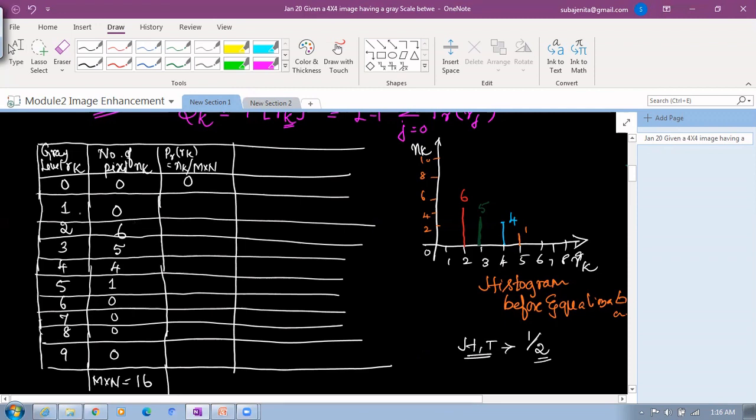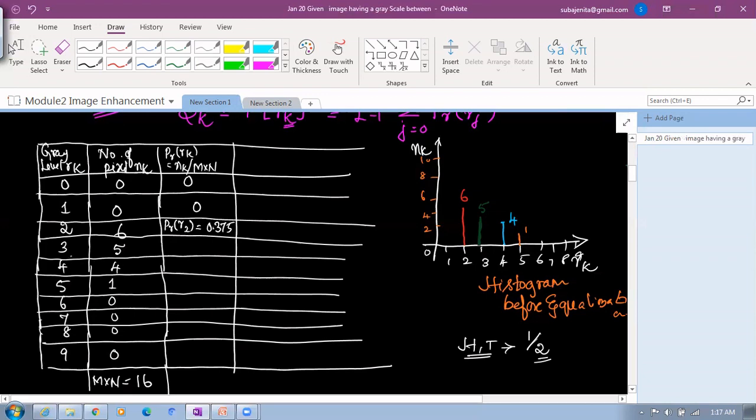For the second case, the probability of occurrence for gray level 1 is 0 divided by 16, again 0. Then the probability of occurrence for gray level 2 is NK, which is 6 here, 6 divided by 16. Hence, we get 0.375.